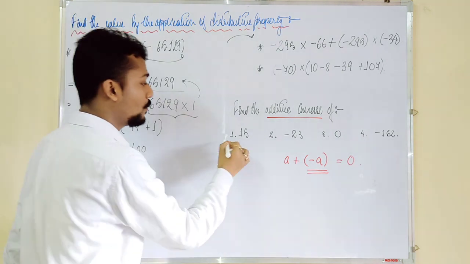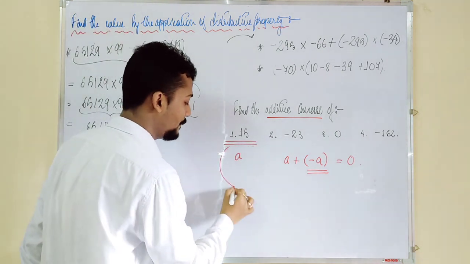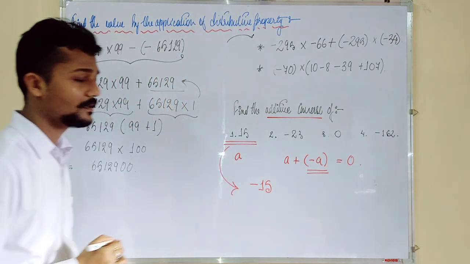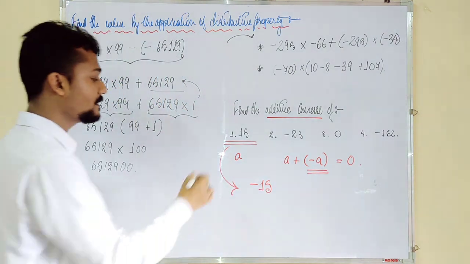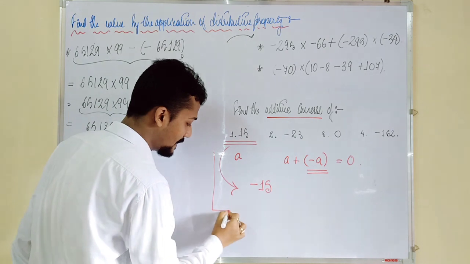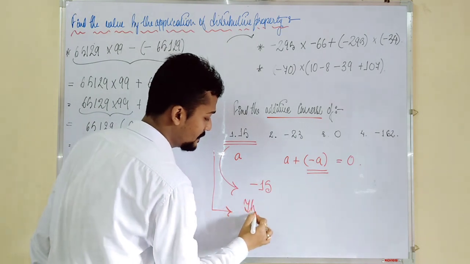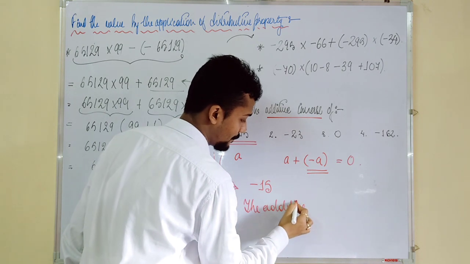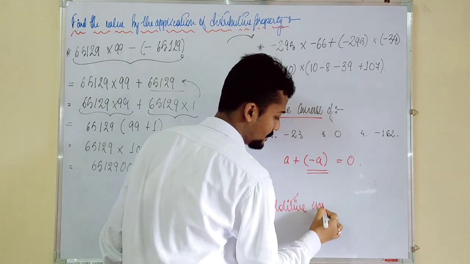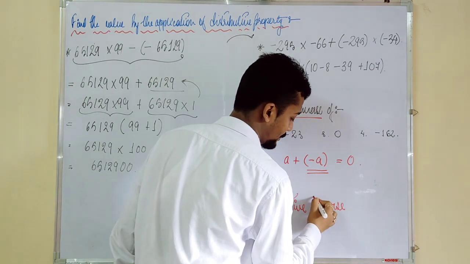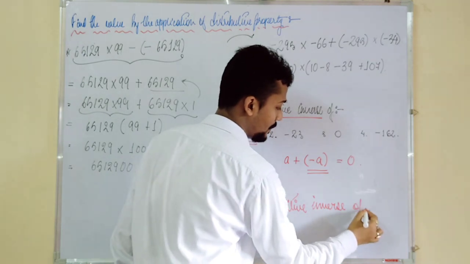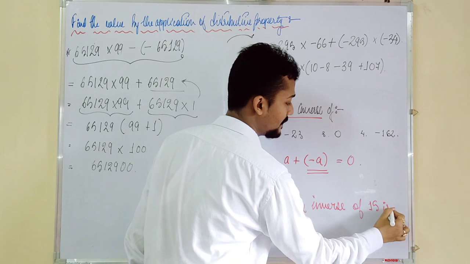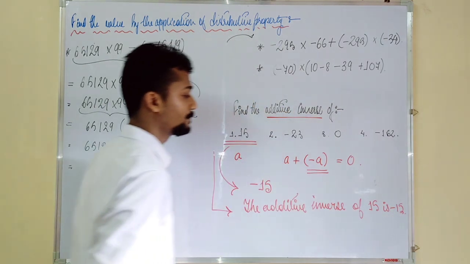That means what will be the additive inverse of 15? It will be minus 15. Clear? How will you write it? The statement goes like this: the additive inverse of 15 is minus 15.